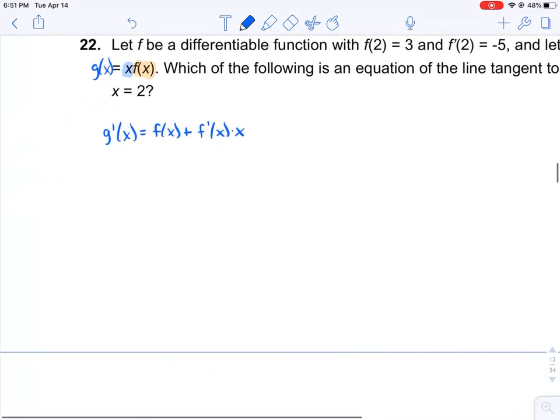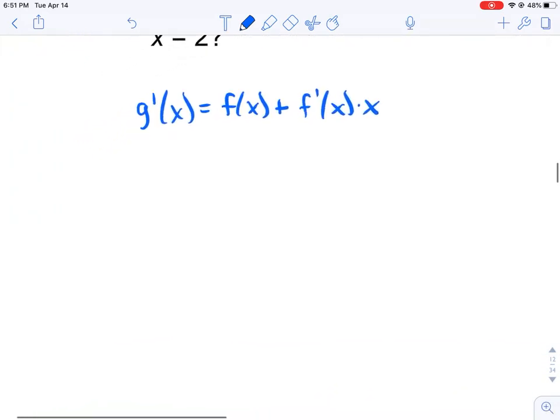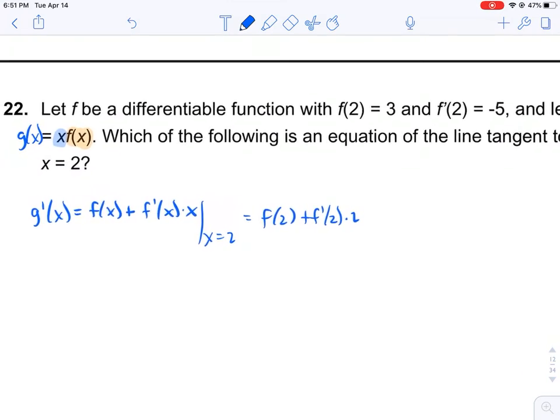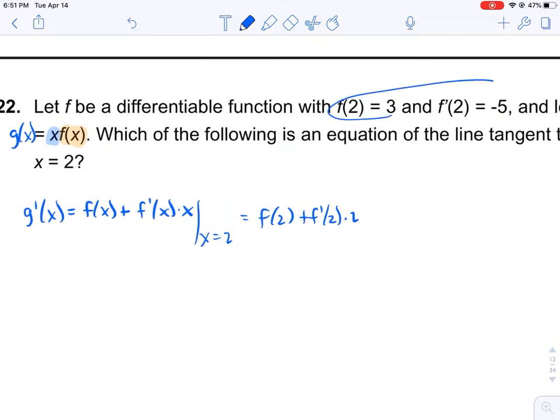And we're trying to do that at x equals 2. Evaluating at x equals 2 gives us f of 2 plus f prime of 2 times 2. F of 2 we know is 3. This is information that's given right here. So we have our slope for g is 3 plus -5 times 2, which is -7.